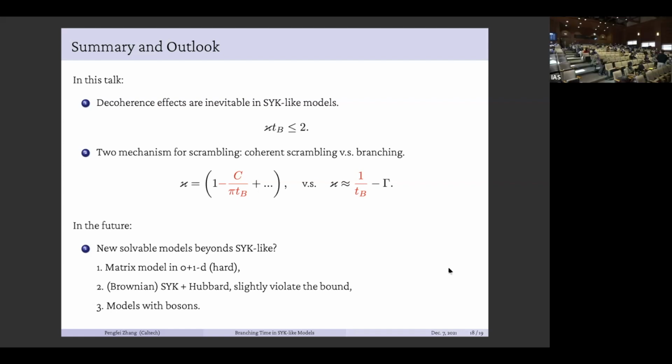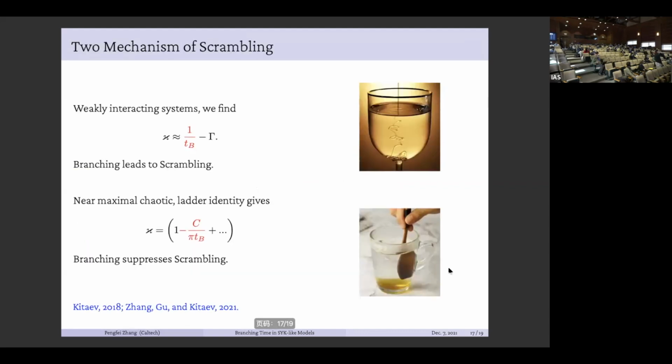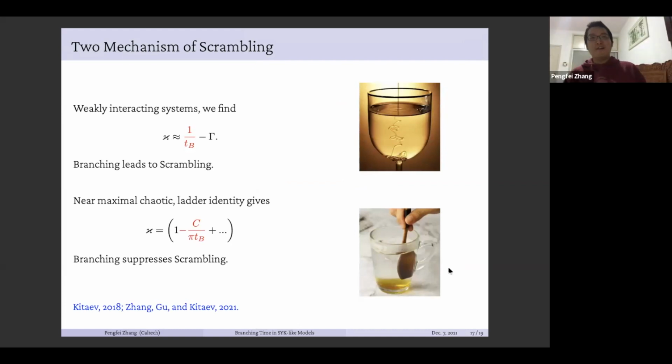I think I don't quite understand the picture about coherent scrambling and the picture about the breakfast, adding honey in the water. Could you explain again? Okay. So it's whether the main contribution is from a dissipative process or a decoherence effect, or from some collective mode that is coherent.